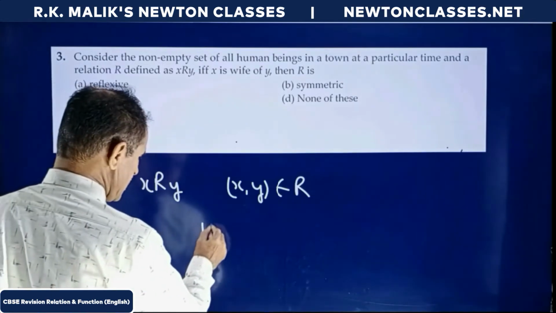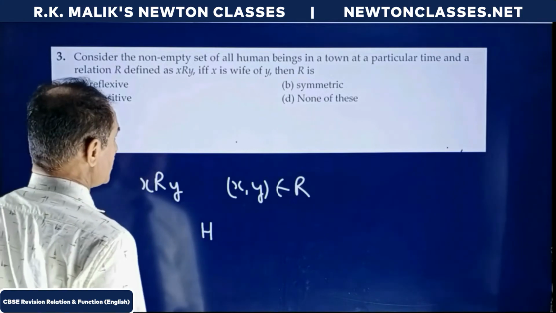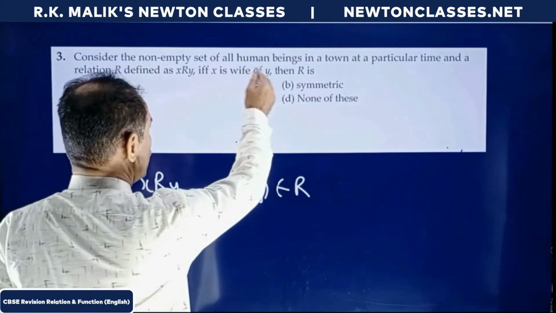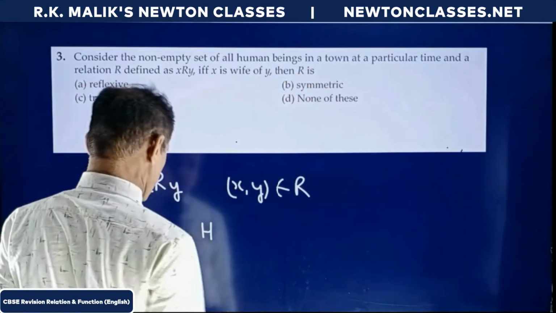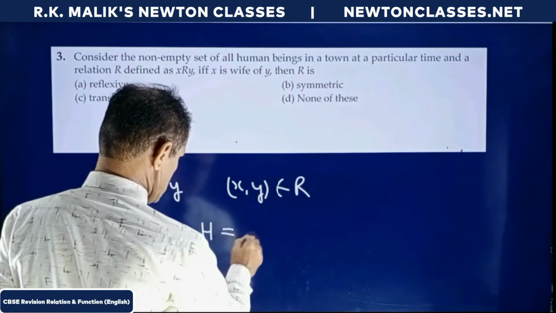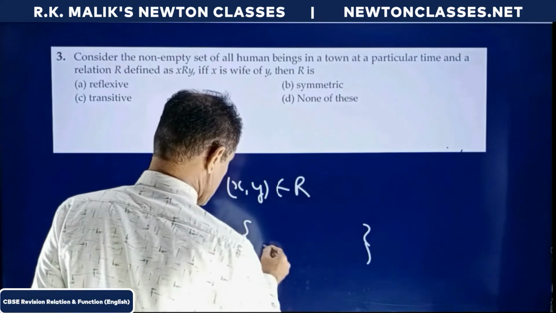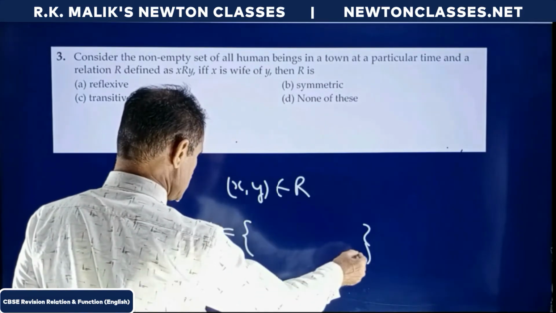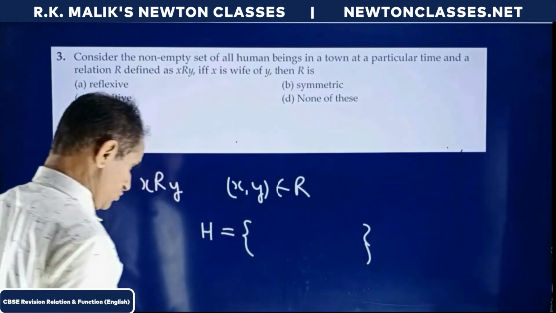Suppose H is the non-empty set of all the human beings in a town. The elements of this set are all the human beings of the town.